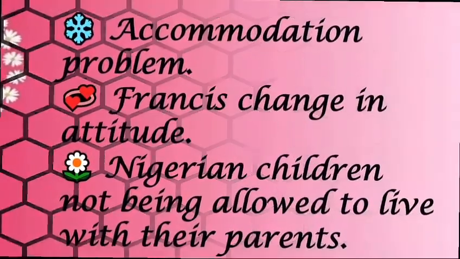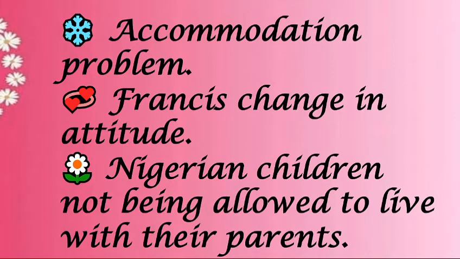When she got to London, there was an accommodation problem, and Francis changed in attitude. And she also discovered that Nigerian children are not allowed to be with their parents. They have to be fostered. That is, they have to be taken away to a white woman to take care of them.